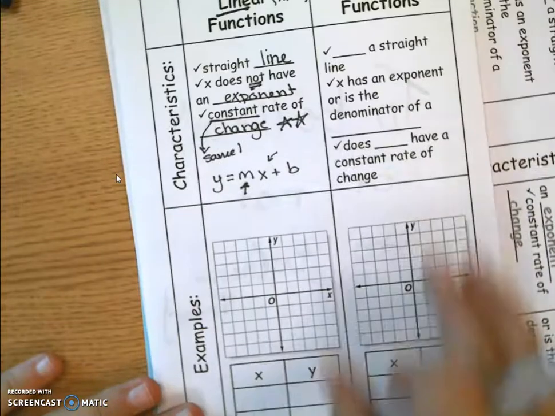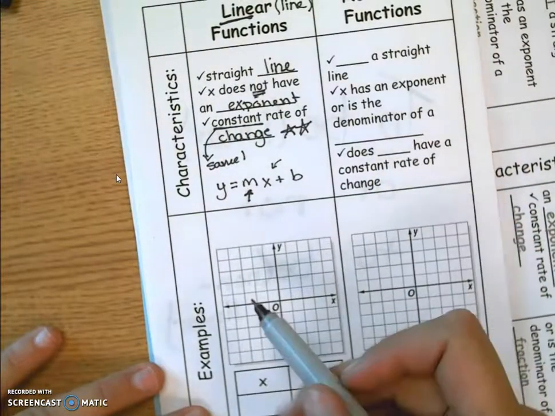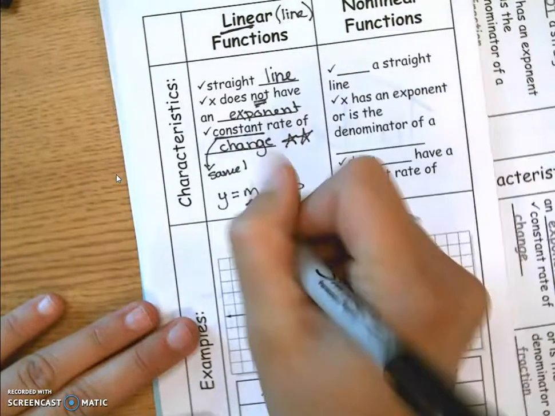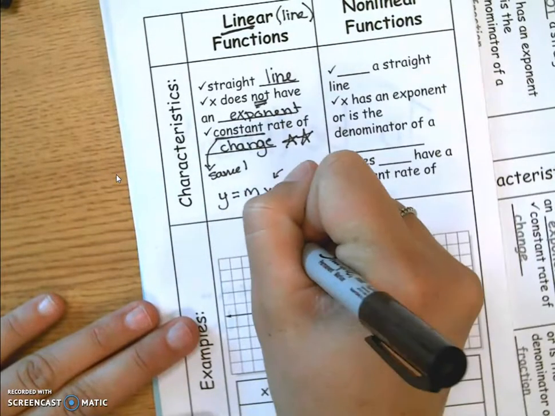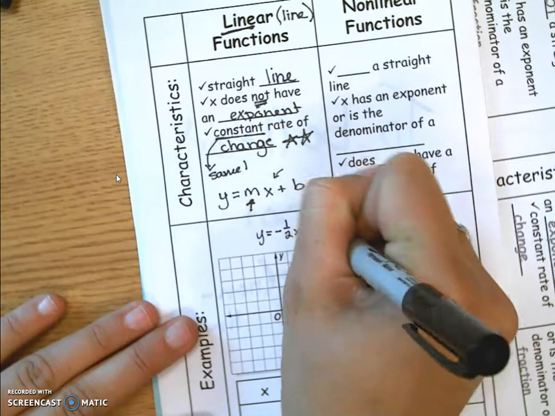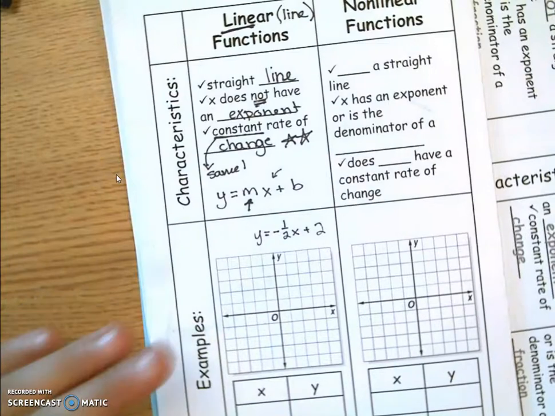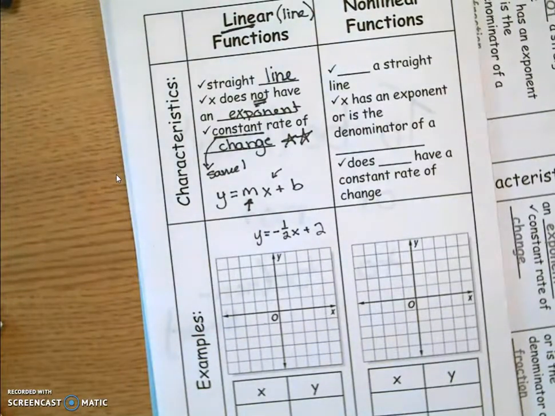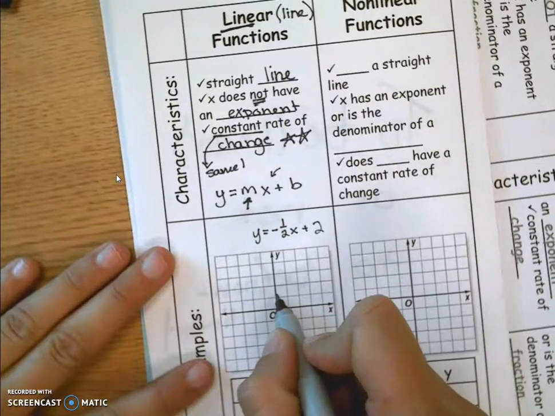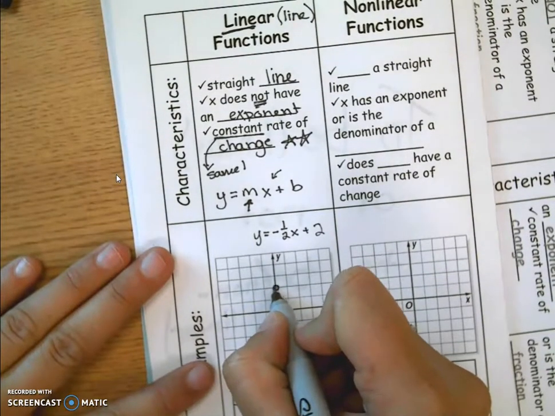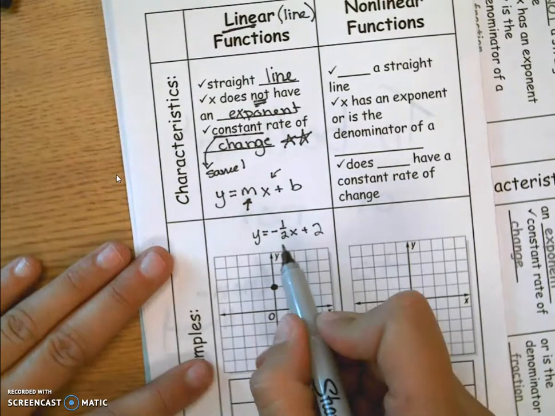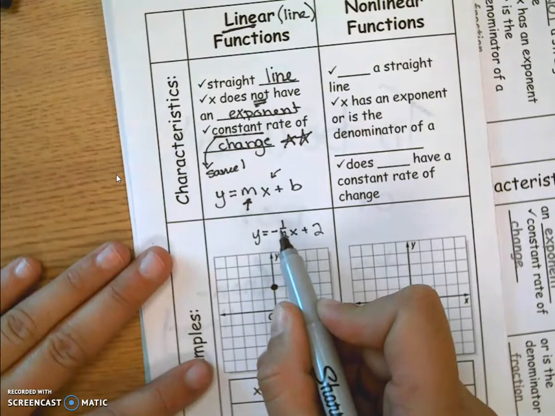So an example, whenever we see it on a graph, we know it's a straight line. So if I give you the line y equals negative 1/2 x plus 2, just totally an example. I always start with the y-intercept, which is going to be my 2. We'll go up 2 and make a dot. Then I know my slope is next to x, negative 1/2.